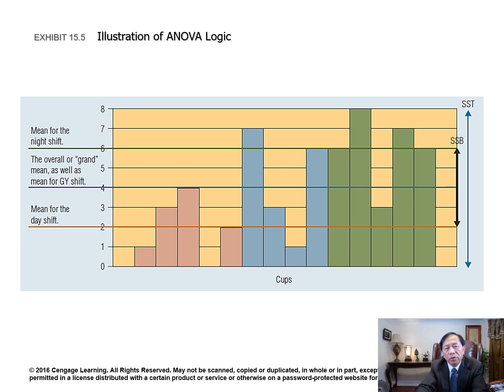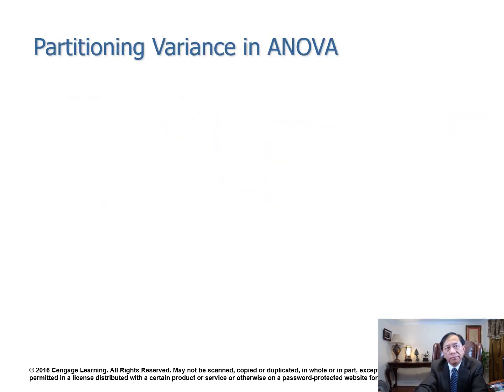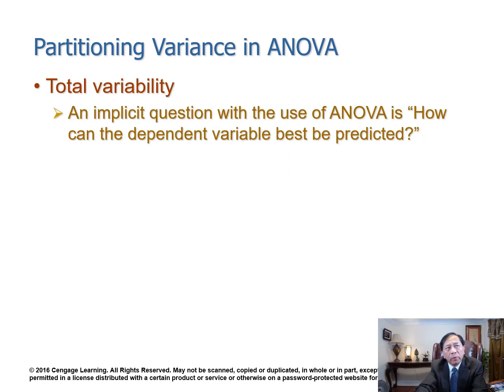The tool to use here is ANOVA. In ANOVA we partition the variance. Now, there is a total variability in the number of coffees consumed. And the implicit question with using ANOVA is, how can the dependent variable best be predicted?